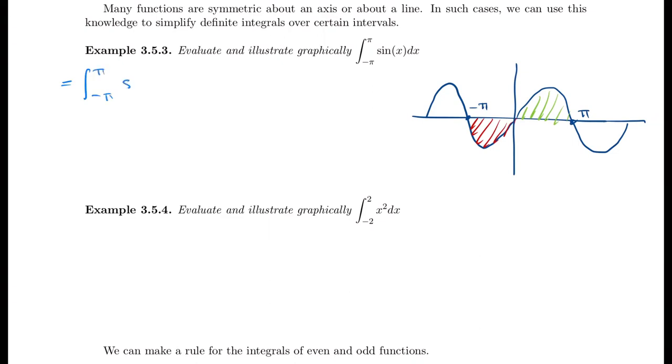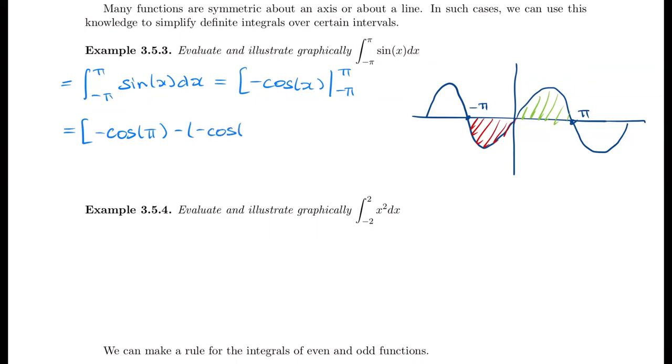So that's going to be sine x dx. So we would just have negative cos of x between negative pi to pi. And so that means we would just have negative cos of pi minus negative cos of negative pi. So just be a little bit careful with the signs here.